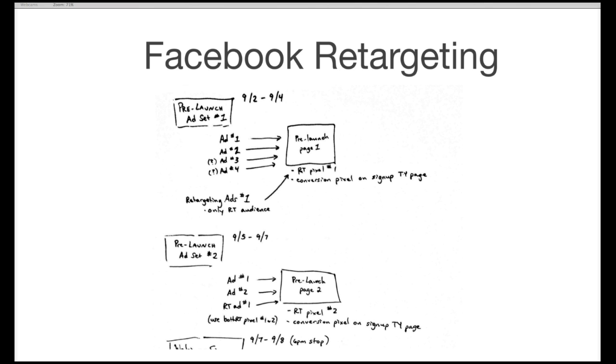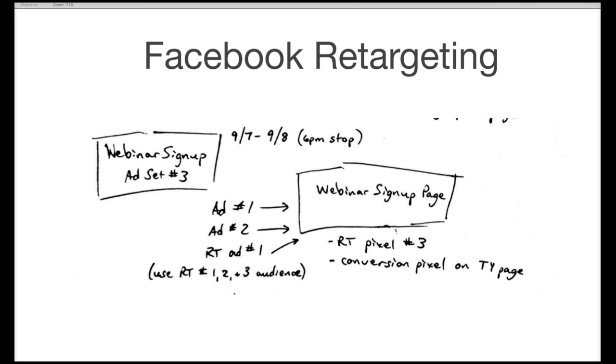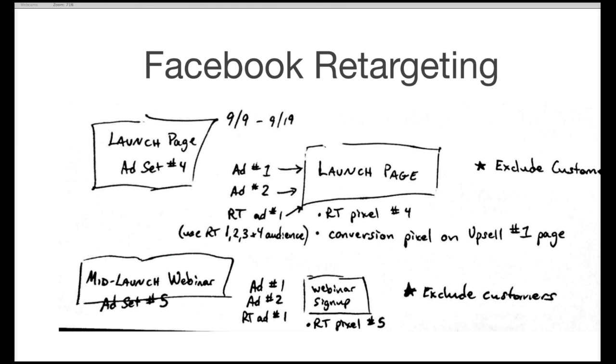We launched our retargeting ads. They were going to the pre-launch page to help build our email list, right? And then we also had this webinar sign up as well. So we created a whole campaign just around our webinar sign up. Then we had our launch campaign, which went for a full 10 days, right? And we had all different ads.